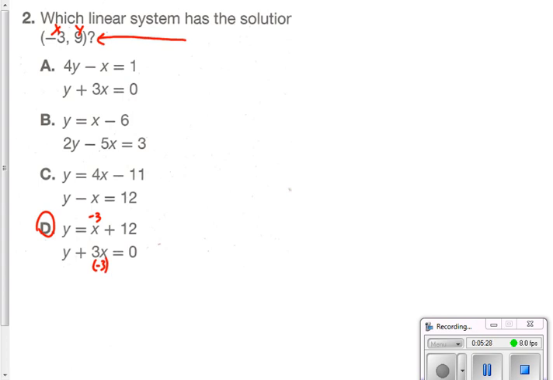So right here we have -3 plus 12, we get 9. Checks out. We put in -3 here, and 9 goes in for y. So 9 plus 3 times -3 is going to give you -9. So we have 9 plus -9, which gives us 0. D is our only option.